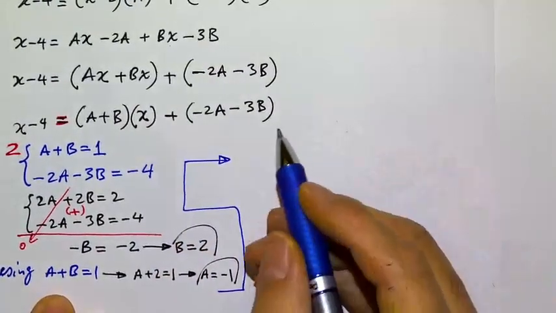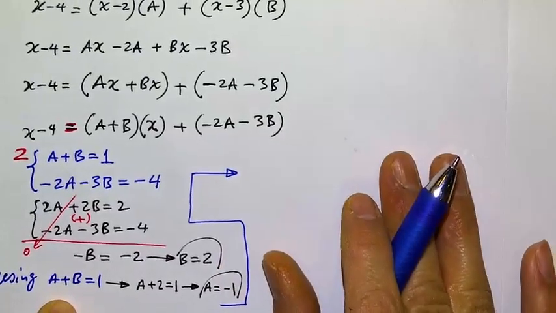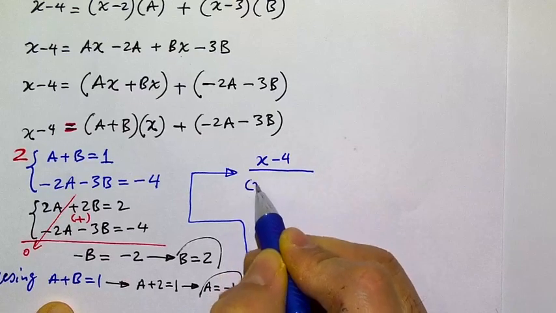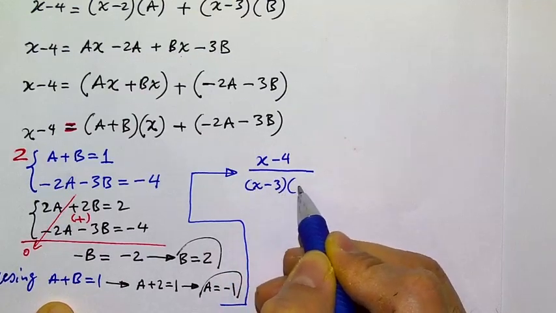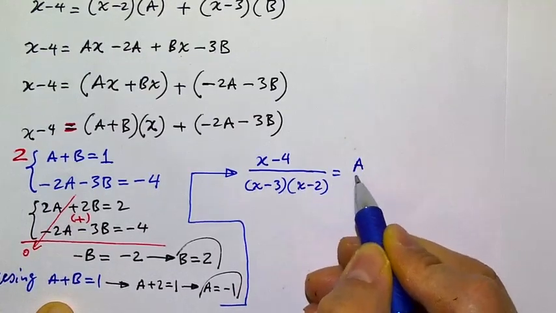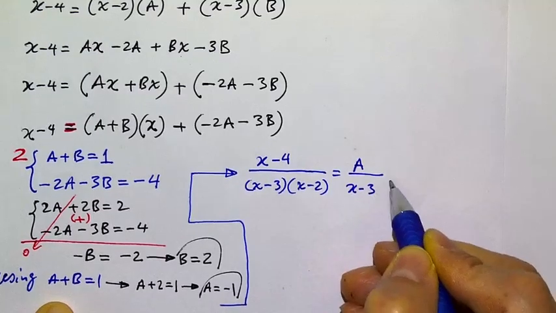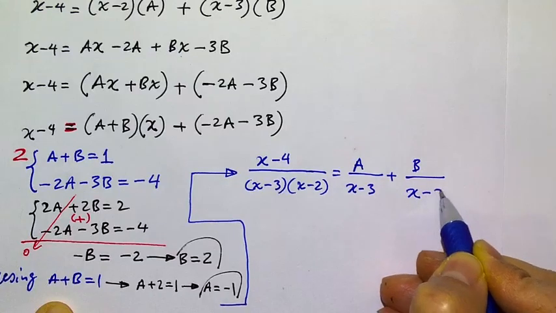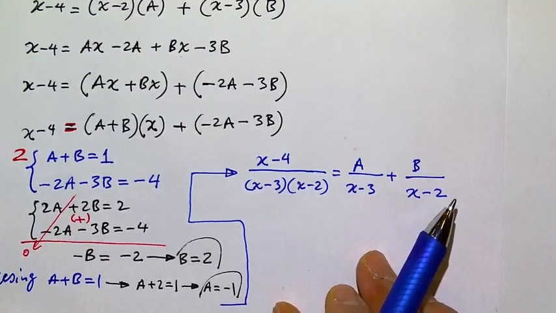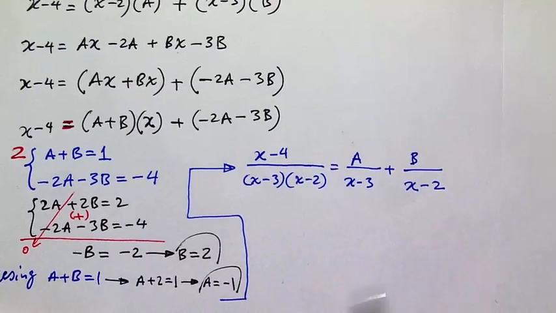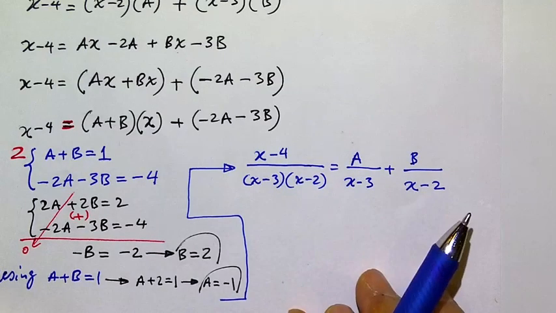We started with this fraction, I will rewrite it so it's on the screen: x minus 4 over x minus 3 times x minus 2, which was equal to a over x minus 3 plus b over x minus 2. This is what we started with, which we cleared fractions, and then we wrote the systems and such. So let's plug in for a with -1 and b with 2.